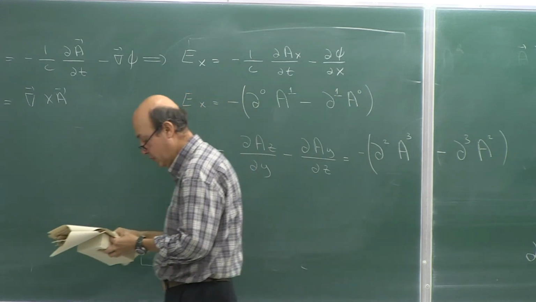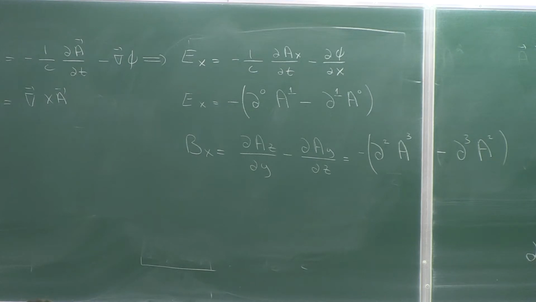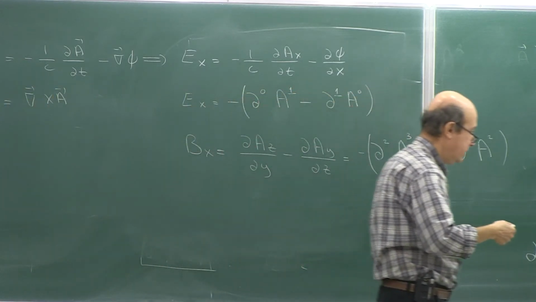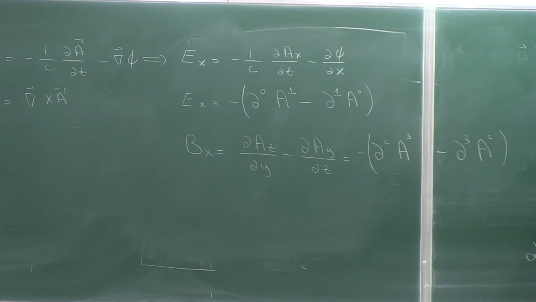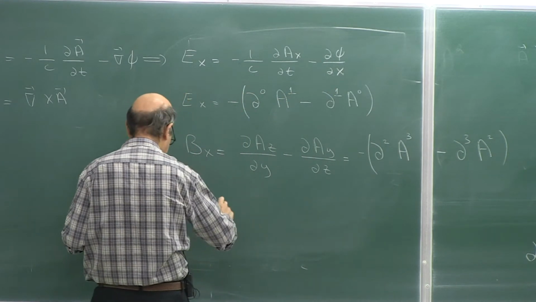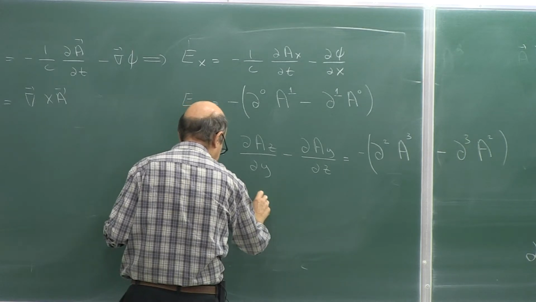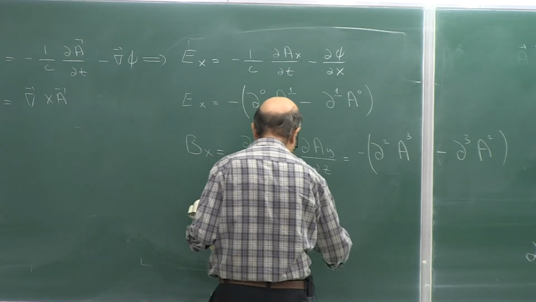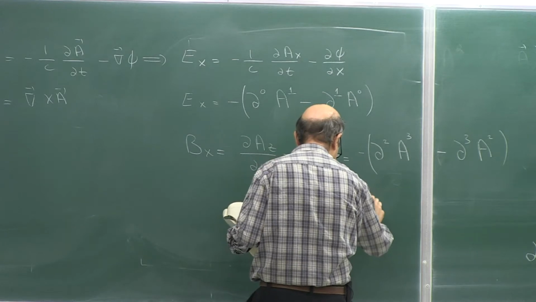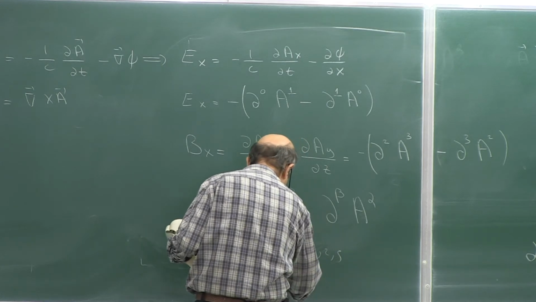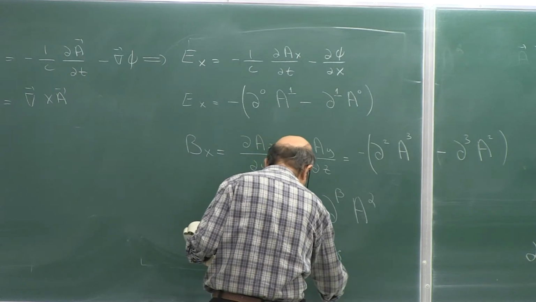So the situation is the following. You can generate the components of the electric field and magnetic field in a pattern of the following form in general: del alpha A beta minus del beta A alpha, where alpha is 0, 1, 2, 3 and beta is 0, 1, 2, 3.